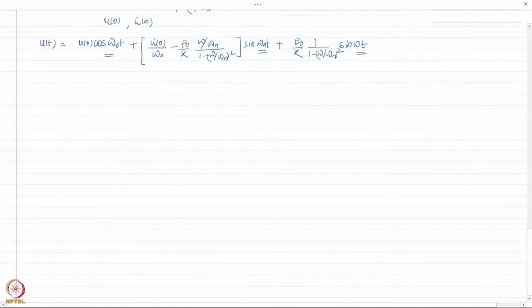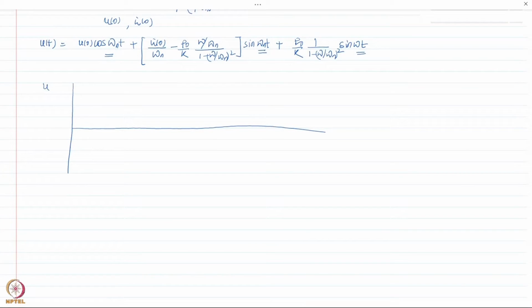I'm trying to draw here the displacement. I'm not going to say whether it's the total displacement or one of these displacements. Let me first just say that it is a displacement quantity. Now first I'm going to draw this term here, and then I'm going to plot this term here.